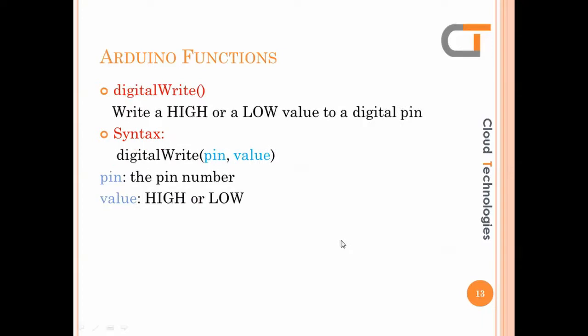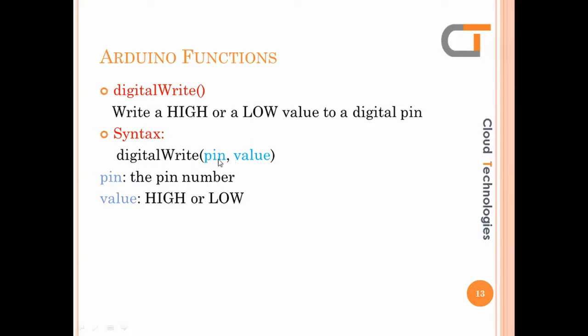Next, digitalWrite. Here digitalWrite is used only for digital pins. We can control the pin by using this digitalWrite, writing a HIGH or LOW value to the digital pin. So we can make that particular digital pin high or low. This is the syntax: digitalWrite, the W should be capital, of pin comma value.